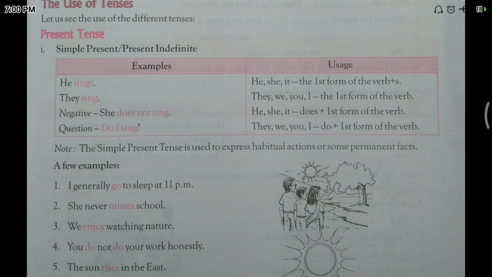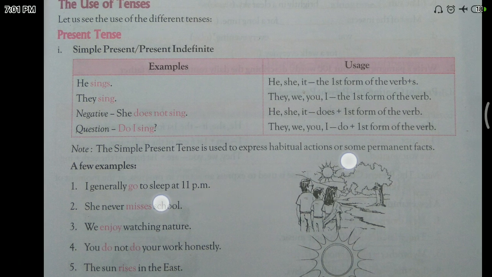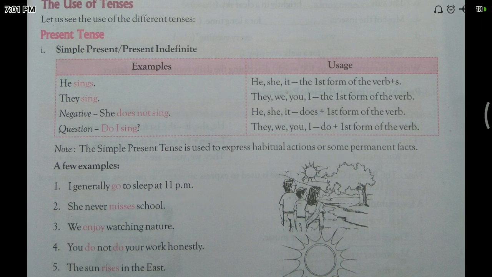So let us understand it in a wider way. The rule says that you have to use the verb's first form followed by s or es when the subject is he, she, or it. Like he sings, and here we have used s.